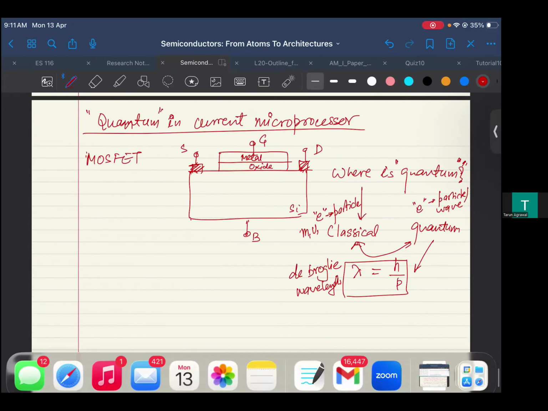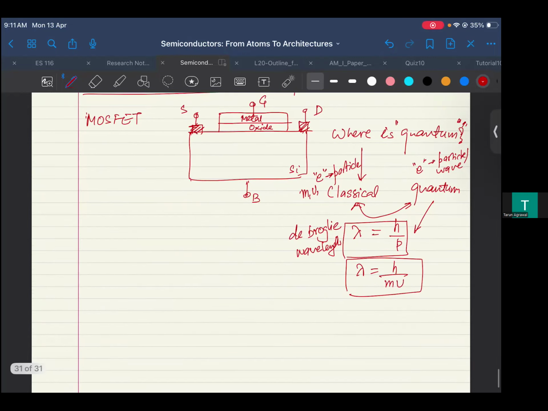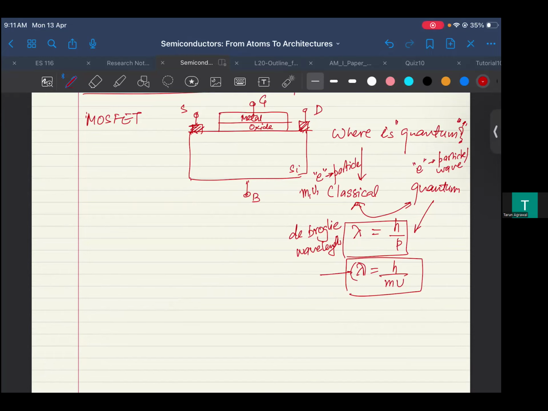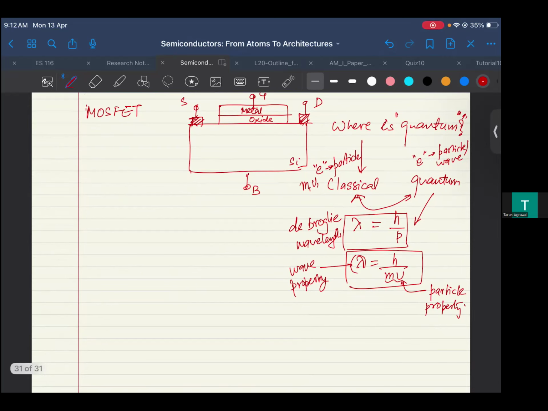Basically, momentum, as we discussed, is mv. That is what relates this wave property of your electron to its particle property. So that is the basis of what we understand from quantum, that there is wave and particle duality.